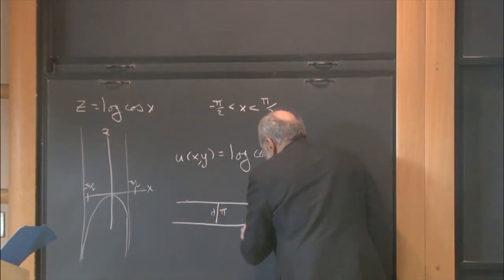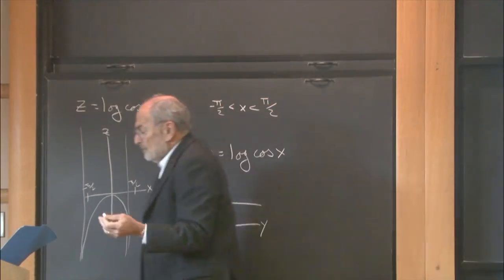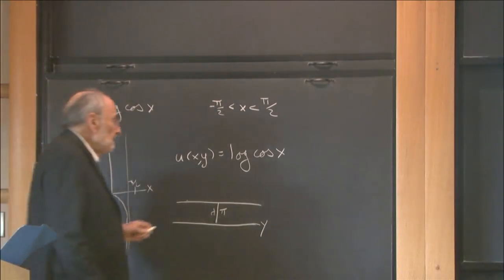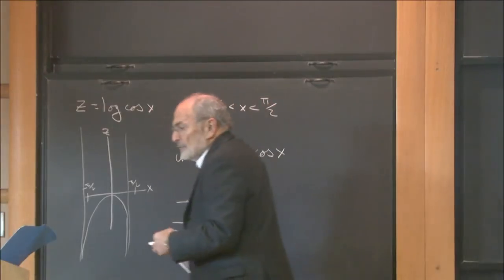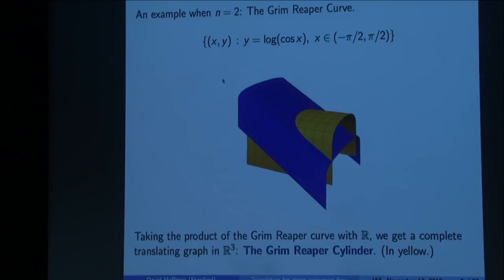In this case, this will be my y, and it is a product surface. It's a cylinder. That is also a translator. It's extremely easy to check, and this one should have a picture of it. There it is. It's the tan one. So let's refer to that as the Grim Reaper cylinder, and let's refer to tan as yellow.